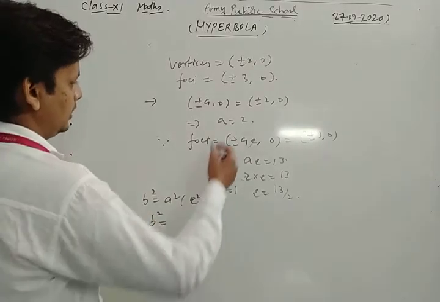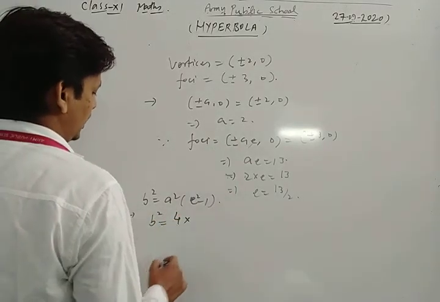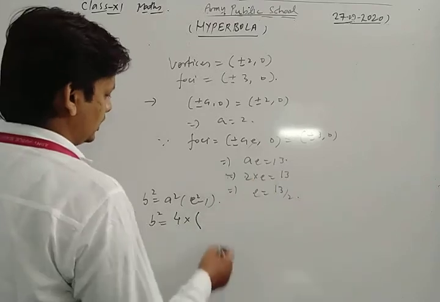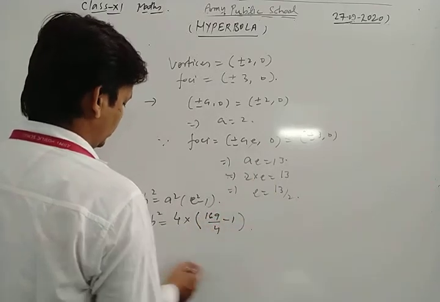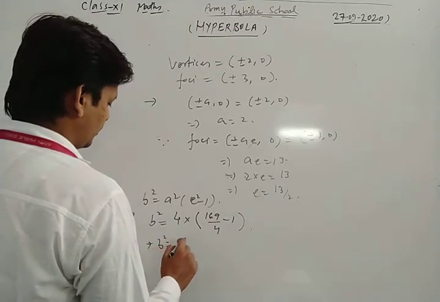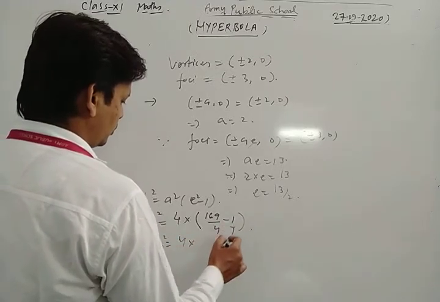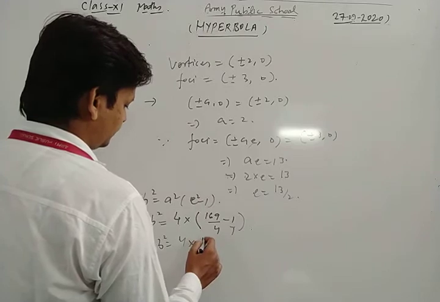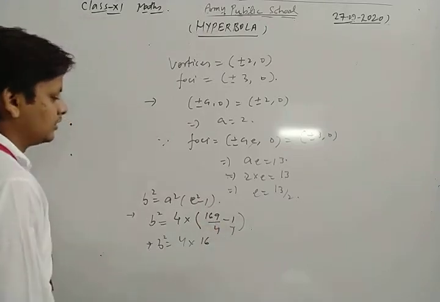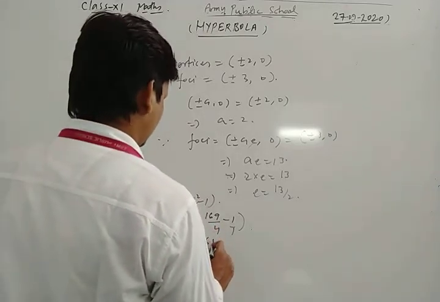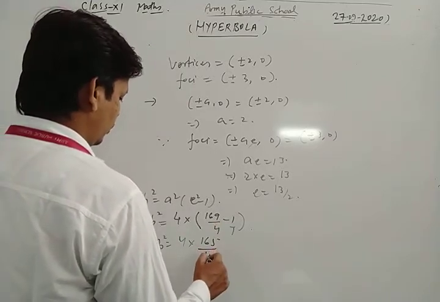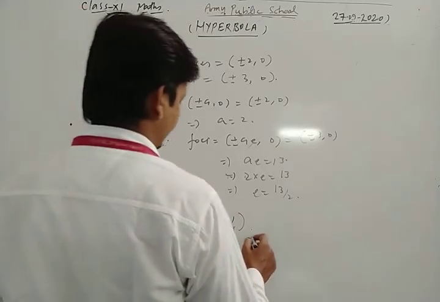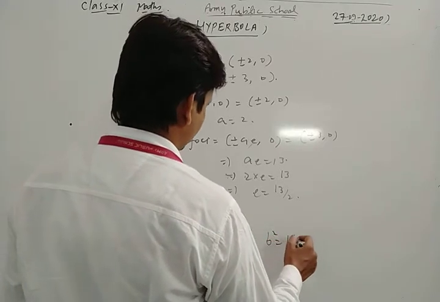A square is what? 2 to the 4, into e square, which means 9 upon 4, minus 1. Okay, so the value of b square is what? 4 into 9 minus 4 upon 4, that is 5. 4 cancel each other, so we get b square is equal to 5.